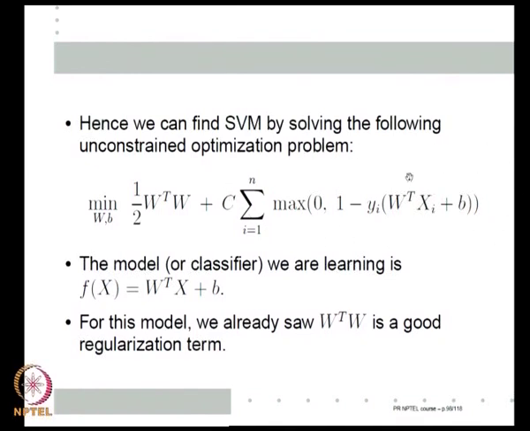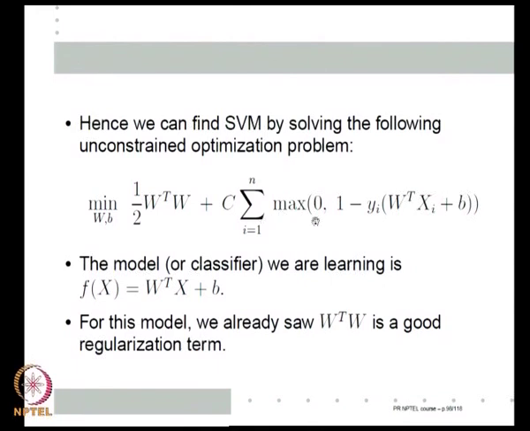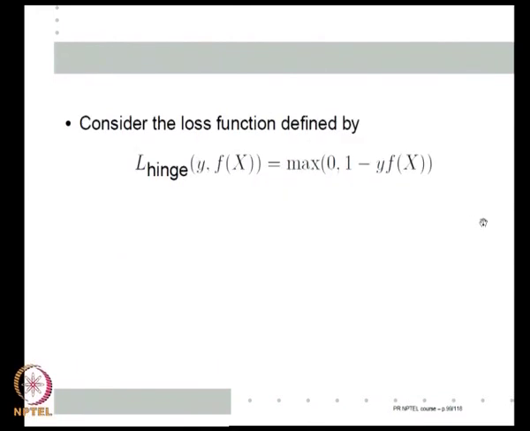So, is this empirical risk? Yes, of course, it is empirical risk with respect to a particular loss function that we have seen earlier when we studied loss functions, called the hinge loss. So, the hinge loss for a model f is L of y comma f(x) equals max of 0 comma 1 minus y into f(x). That is what we have here, exactly max of 0 comma 1 minus y_i f(x_i).